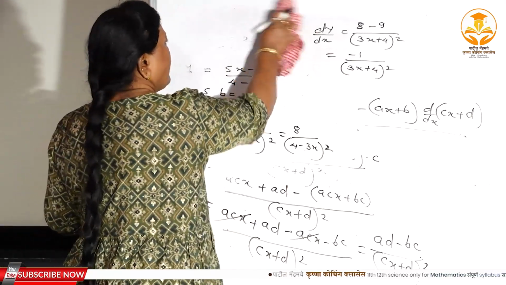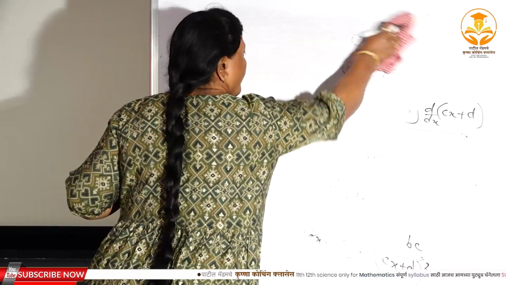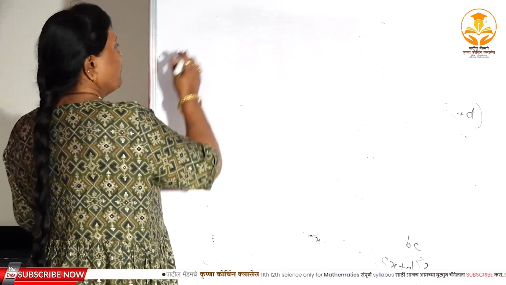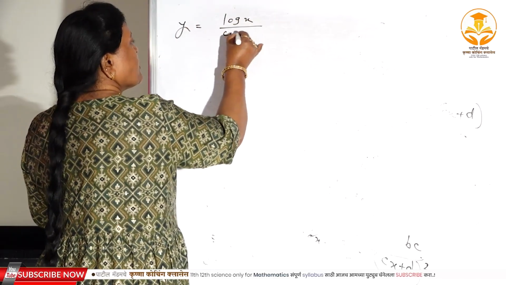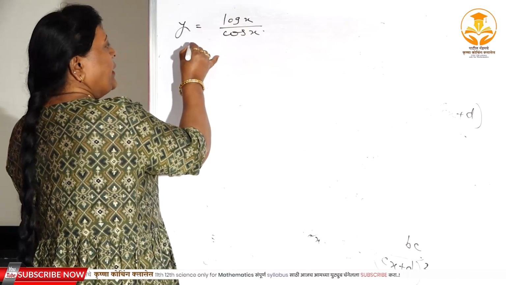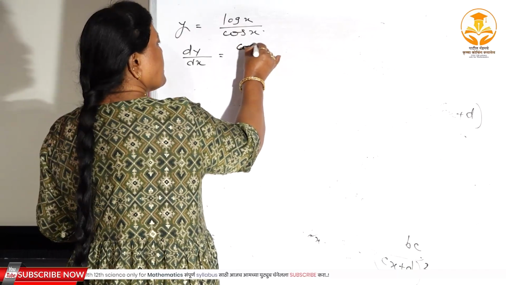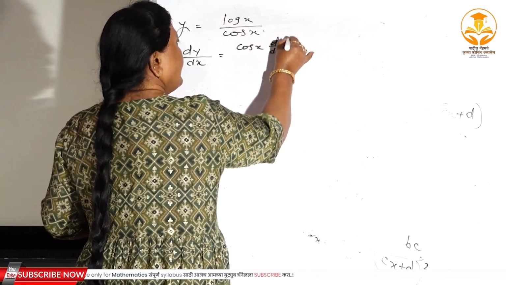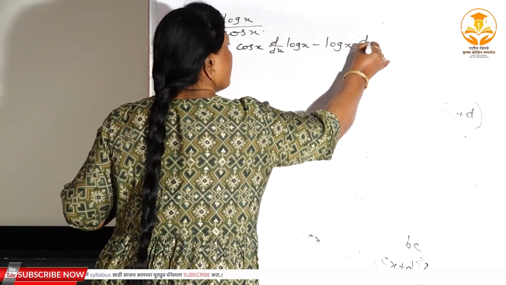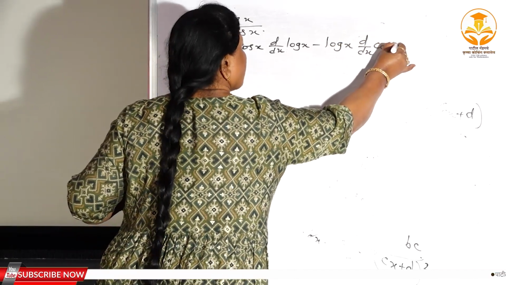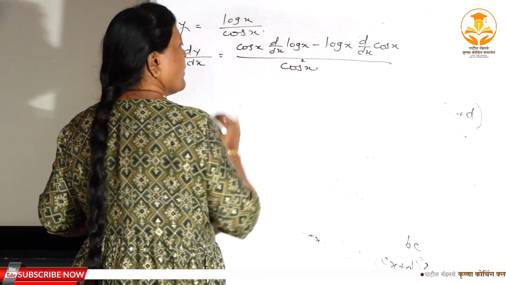Now again, I will take another problem here. See, y is equal to log x divided by cos x, right? Again, dy by dx. Denominator remains as it is, cos x, d/dx of log x, minus log x remains as it is, d/dx of cos x, divided by cos square x, right?